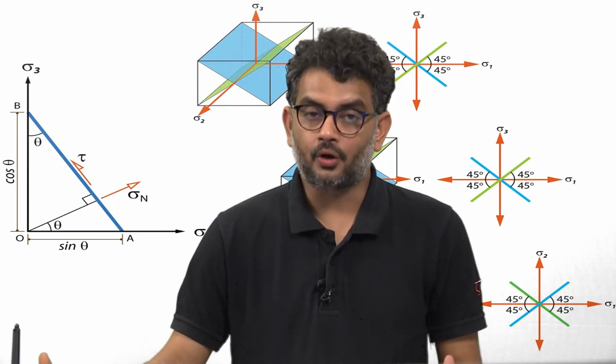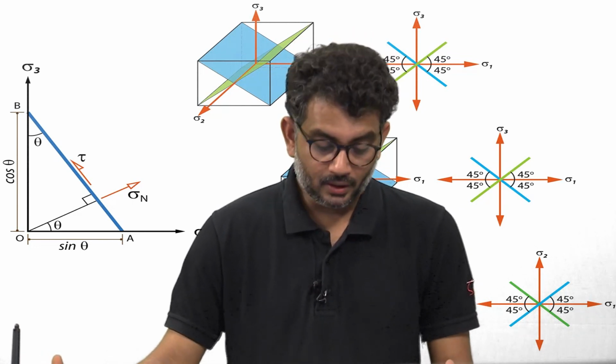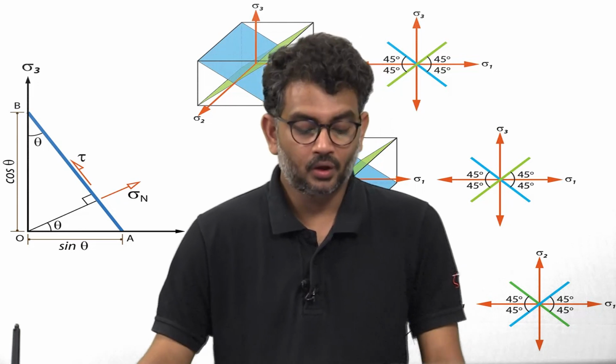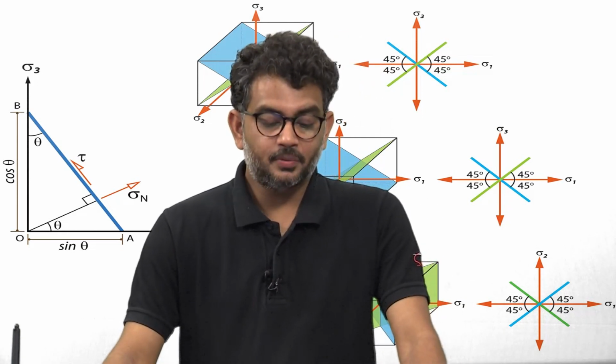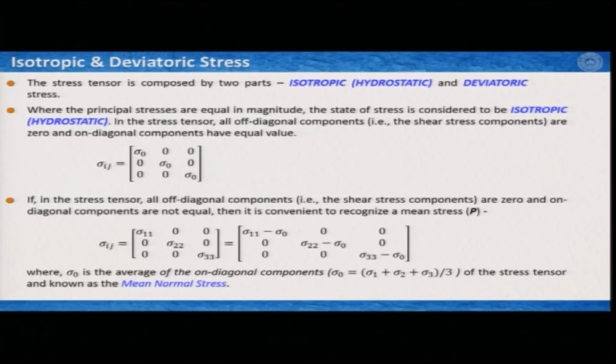Now, what is isotropic state of stress? Where the principal stresses are equal in magnitude, the state of stress is considered to be isotropic or hydrostatic. That means the magnitudes of sigma 1, sigma 2 and sigma 3 are equal, but of course they are mutually perpendicular to each other.